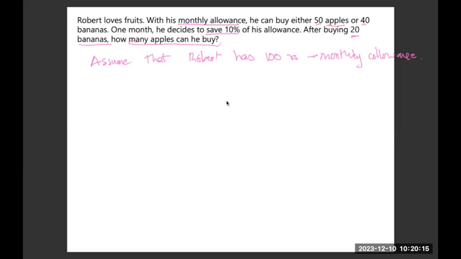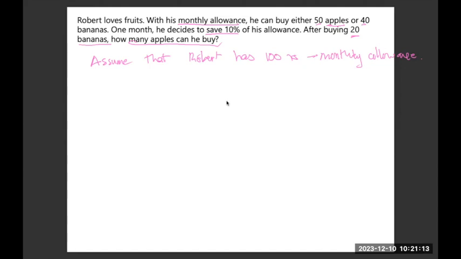Manya, correct answer. Khushbu, correct answer. Tanvi, wrong answer.